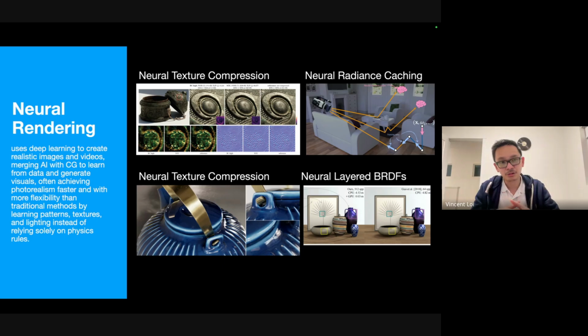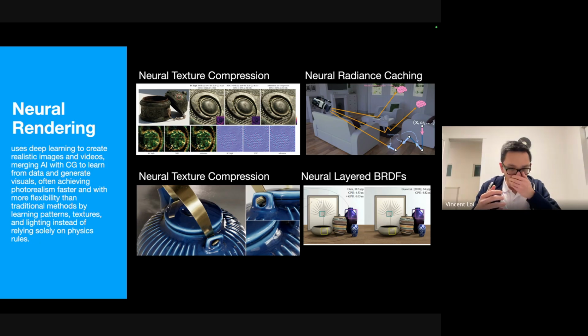But because of neural rendering, we're able to learn all this kind of information in very, very small networks, and then we can run it in real time. With those techniques, we can have effects that were not achievable before.